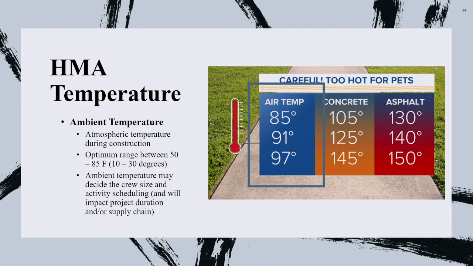This way you don't have a huge difference, so by the time you transfer from the plant to the site, it's not going to drop much. But if it is 150 and you lay at 85, remember it's heat radiation. So if you have very cold temperature and you have very high heat, you'll have a huge loss in the temperature. This is what the slide is trying to tell.